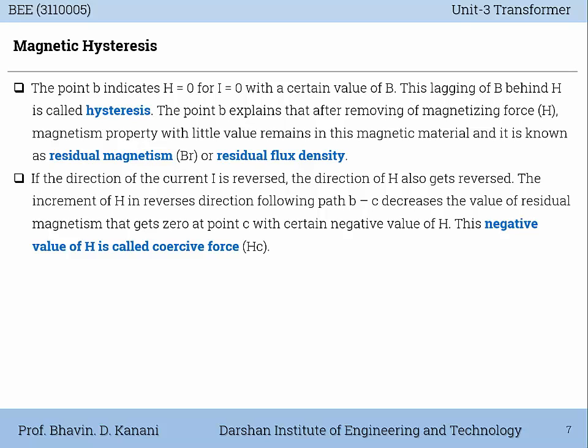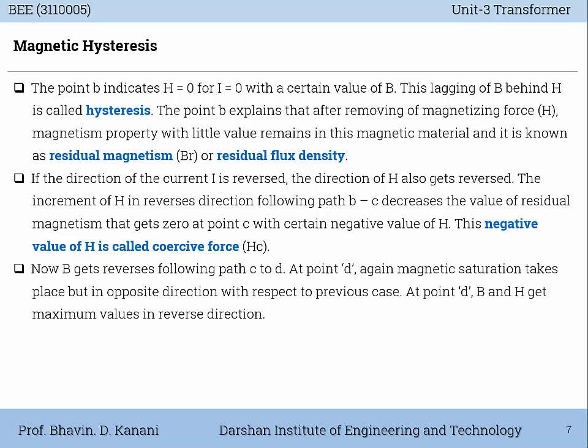The increment of magnetizing force H in the reverse direction following path B to C decreases the value of residual magnetism, which gets 0 at point C with a certain negative value of H. This negative value of magnetizing force H is called coercive force and it is denoted by capital H suffix small c.